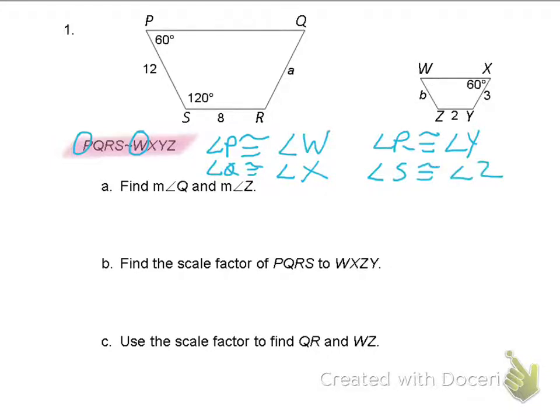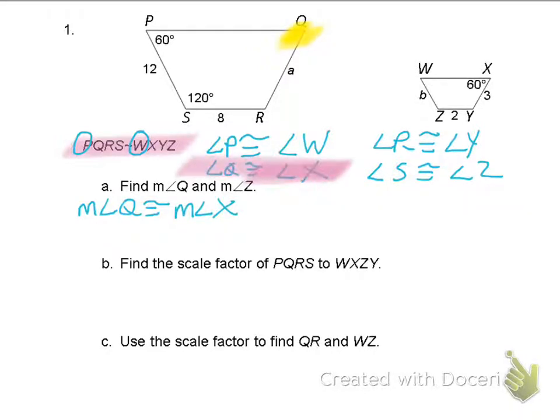So we're going to use this information to answer the question for letter A about these shapes. Find the measure of angle Q and the measure of angle Z. So let's look at angle Q first, which is up here in this corner. So we know that angle Q is going to be congruent to the measurement of angle X because of our similarity statement here.